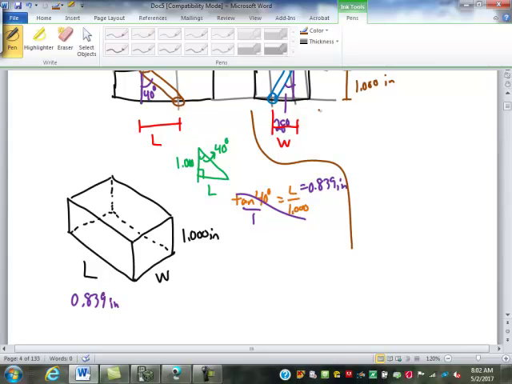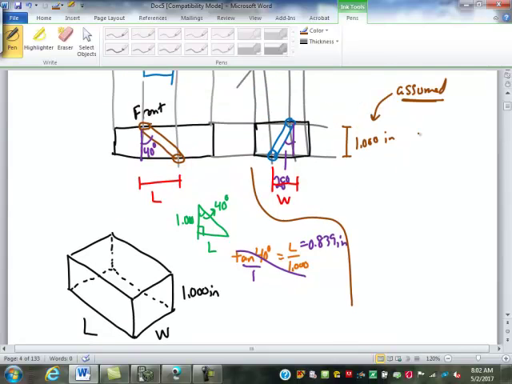I'm going to do the same thing here for my width. I have that triangle, looks like this. This is 1 inch, my assumed thickness. This is my width. And this is that 28-degree angle. So again, we're looking at a tangent. Tangent of 28 degrees is W over 1.